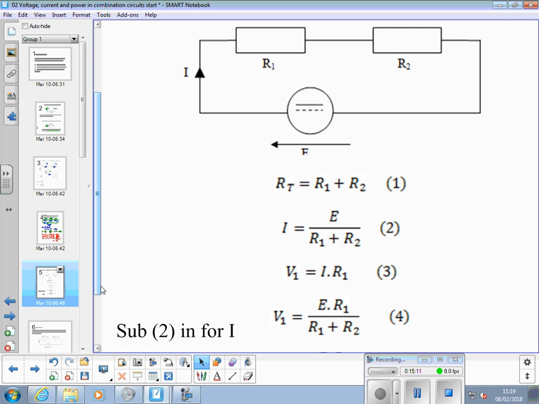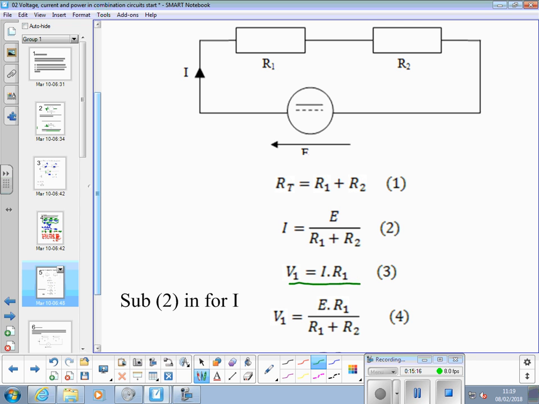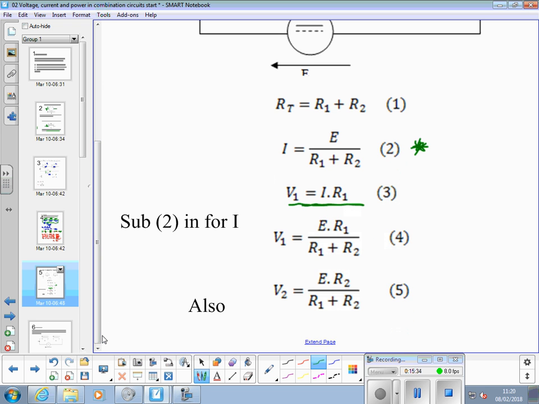But then, if we substitute into the equation, that equation number 2, that's for I, so instead of writing I, write E. So we can find the voltage V1 in one go: V1 is equal to E times the resistor we're interested in divided by the 2 resistors.